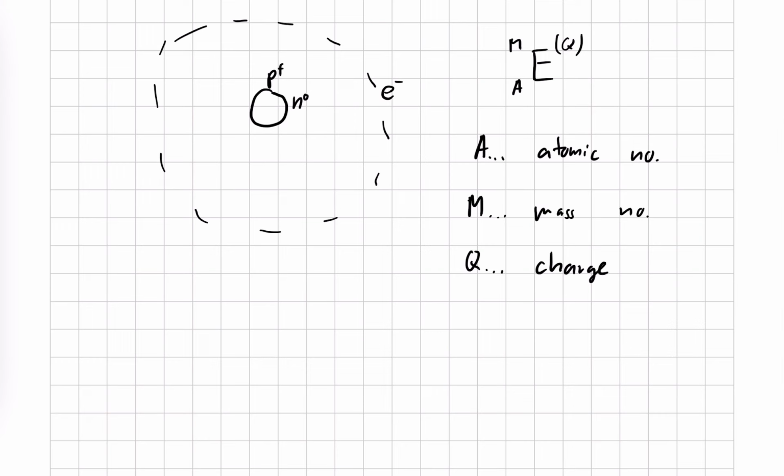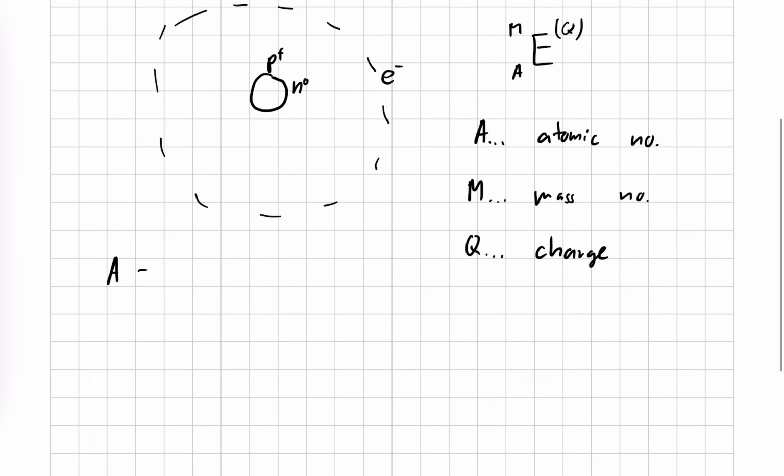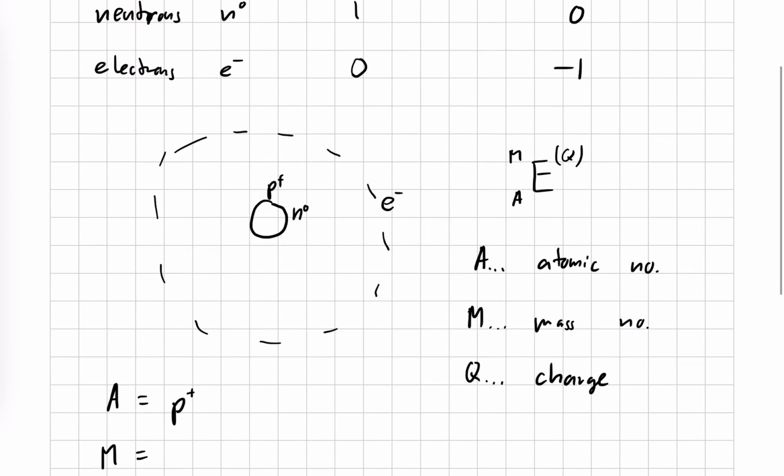Okay, let's now set up some equations or some definitions, if you like. So the atomic number is equal to the number of protons. So if you see an atomic number, you know, okay, that's how many protons the atom has. Then the mass number is calculated by, since the only things which have a mass in an atom are the protons and neutrons, the number of protons plus the number of neutrons.